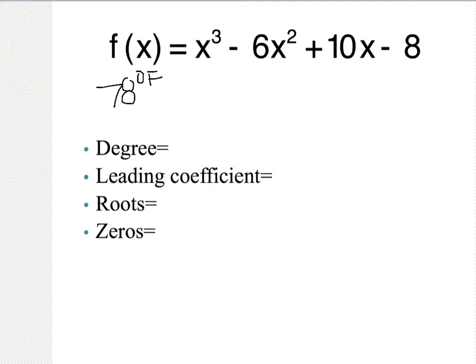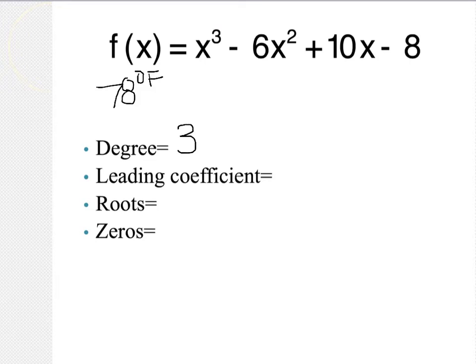So we're going to apply the same idea to our function here. Our degree is actually going to be our exponent, and it's going to be the greatest exponent of the variable. So here, by greatest we mean the largest term, which would be that 3, the x cubed. So our degree for this function would be 3.